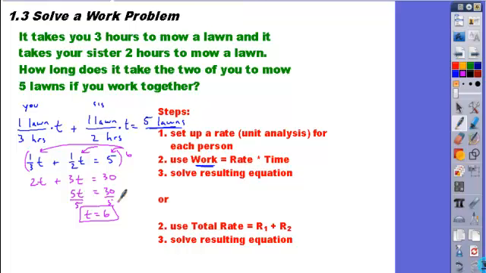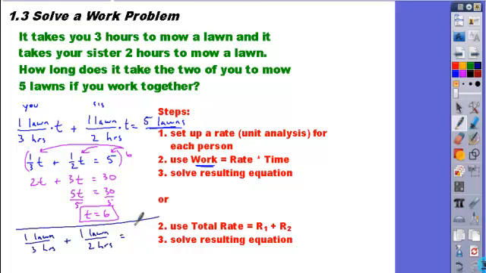All right, the method that I would probably recommend or prefer would be this other one, which is just use the idea that the total rate is equal to the rate of the individual people. So if you take your rate, again, 1 lawn per 3 hours, and we add that to your sister's rate, which is 1 lawn per 2 hours, that's going to give us the total rate.